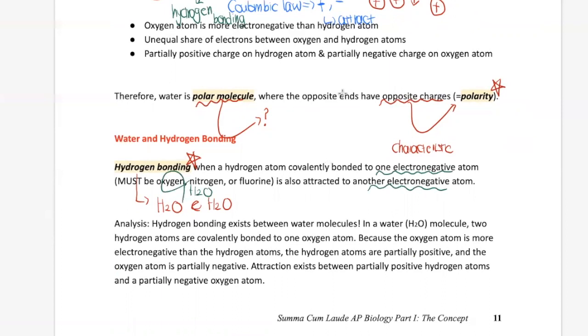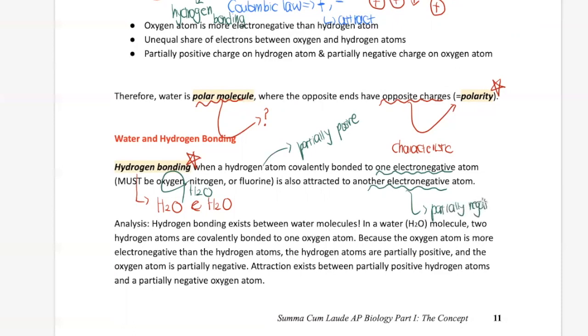For water, we have two hydrogen atoms that are covalently bonded to an electronegative atom, which is oxygen in this case. This hydrogen atom, being partially positive due to the high electronegativity of the oxygen atom, is attracted by another electronegative atom, which is oxygen, which is partially negative.